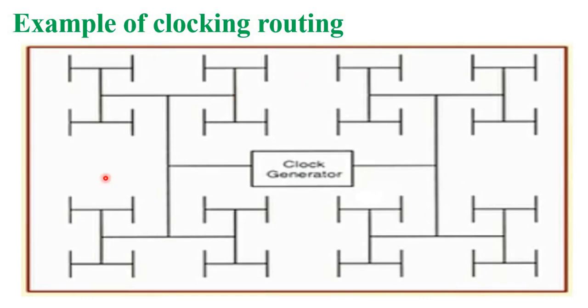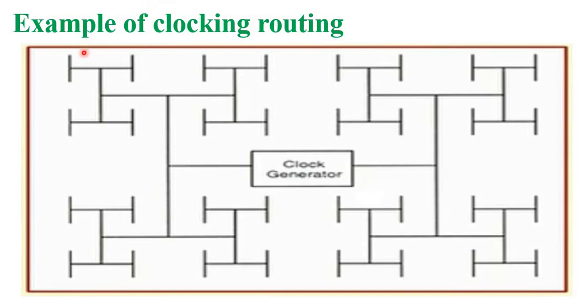And the example of clock routing. This is nothing but the example of clock routing. So this is a clock generator. In each and every system, clock is a very important signal in all digital circuits, because flip-flops, shift registers, counters, all require a clock.